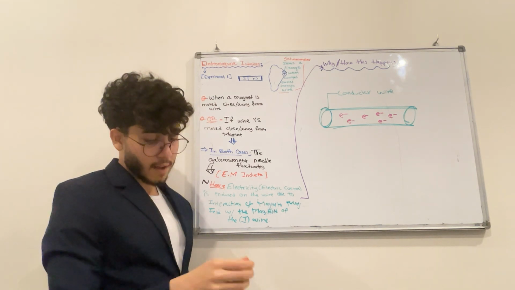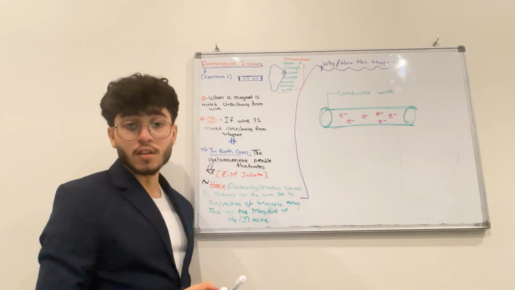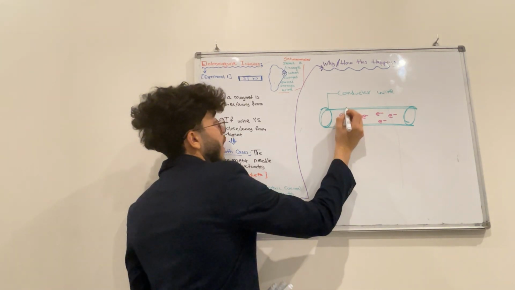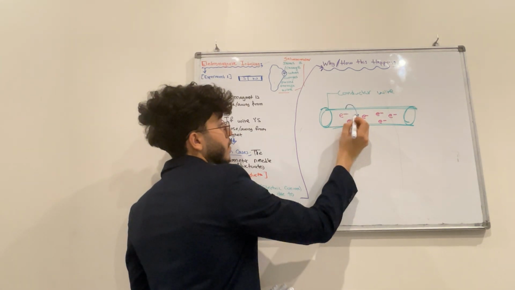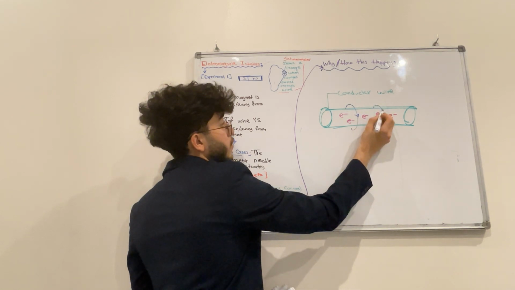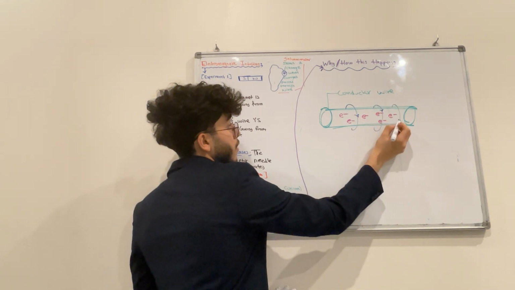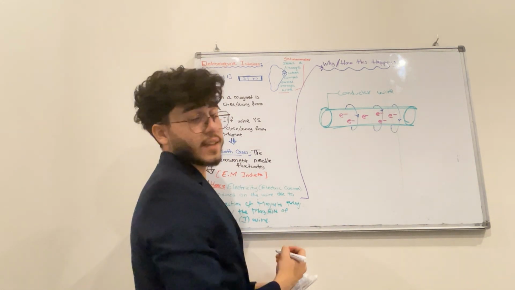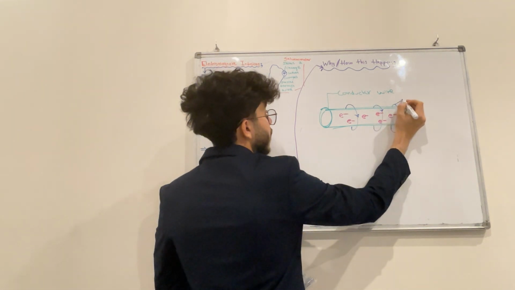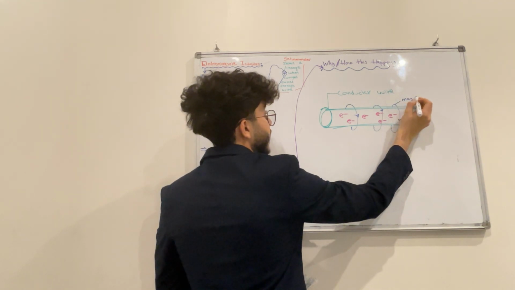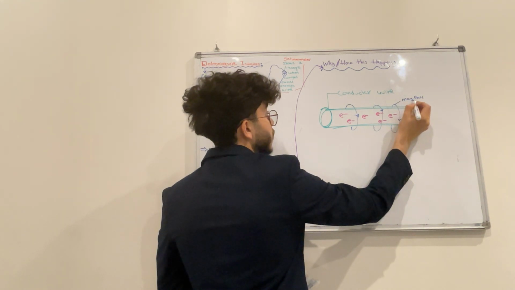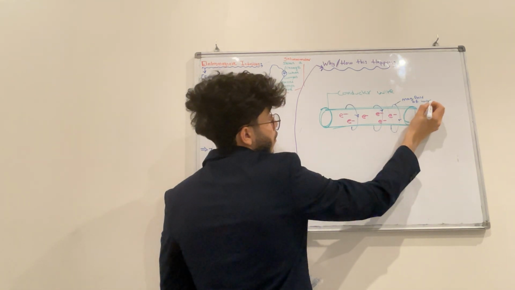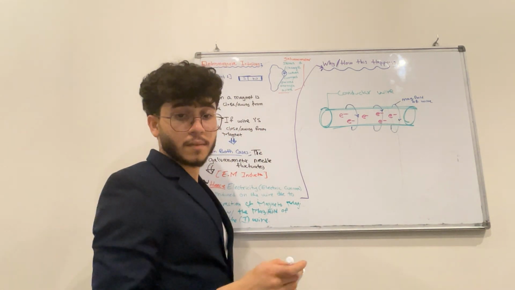It has a magnetic field around it, which is from the wire itself, correct? So this is the magnetic field of what? Of the wire. Perfect.